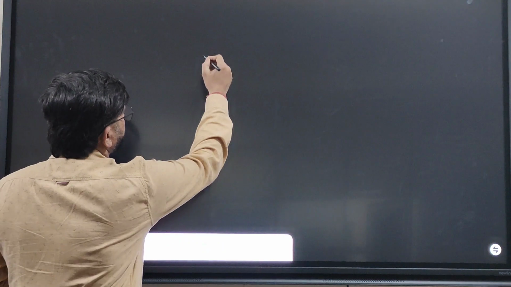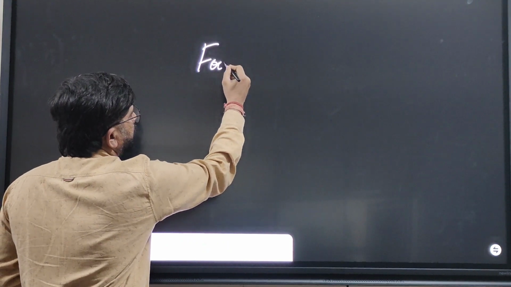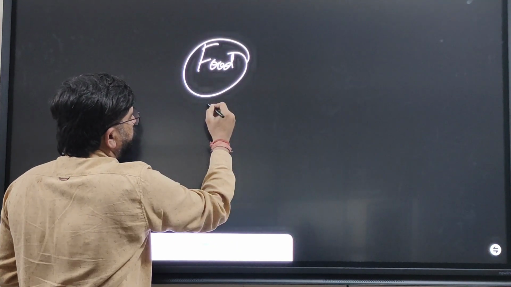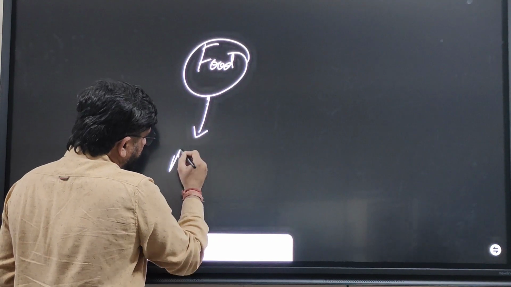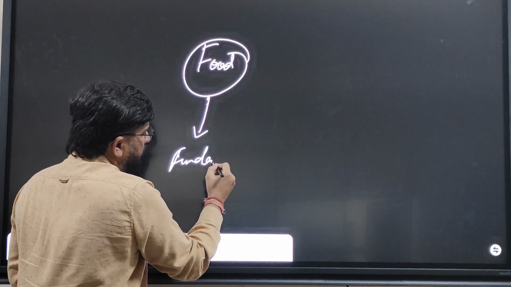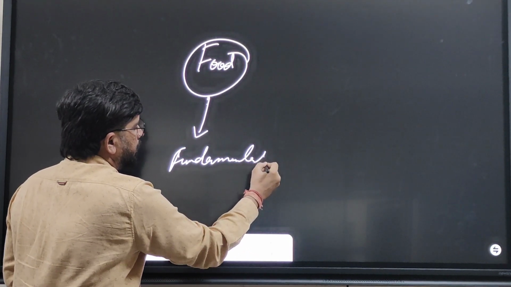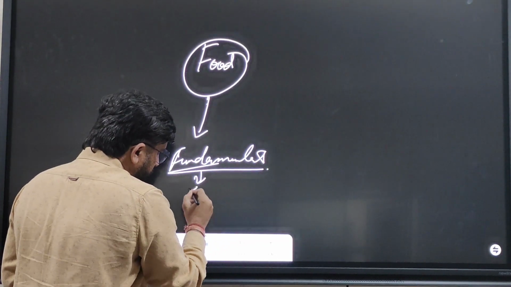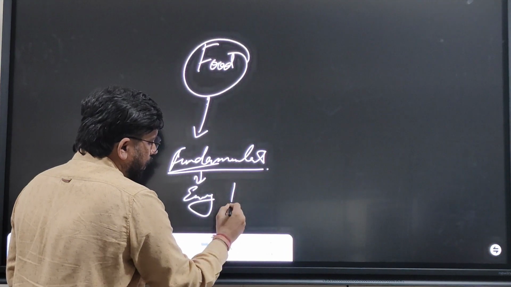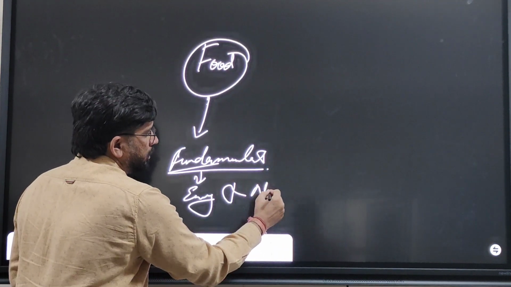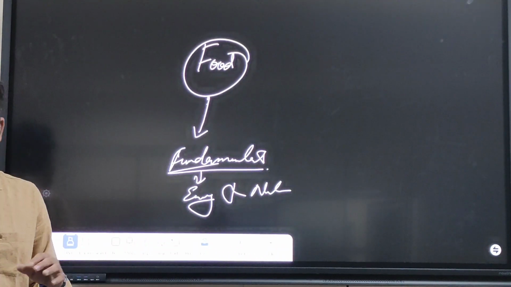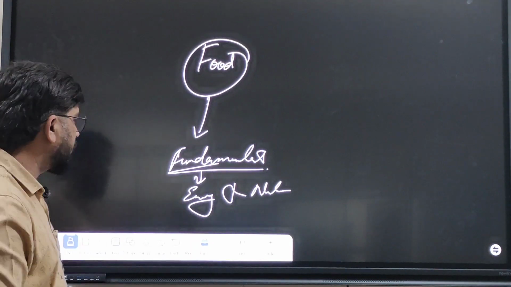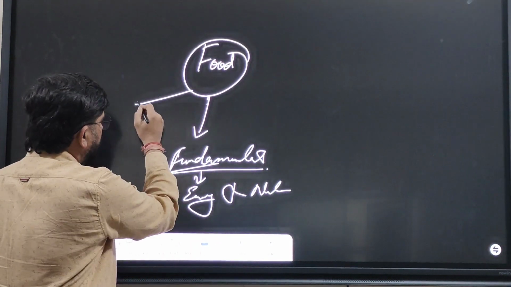So what is food? Food is a fundamental resource, as I said, which provides energy and nutrients to the body. Whereas there are scenarios where this food gets contaminated.